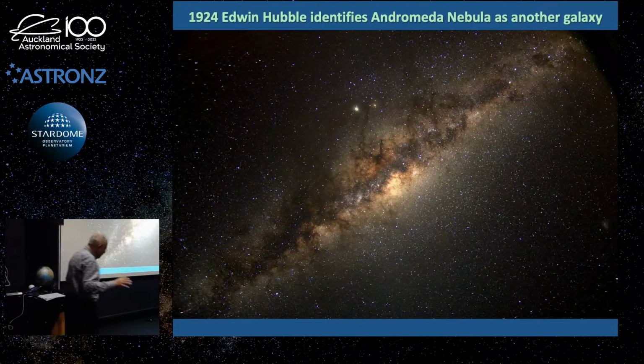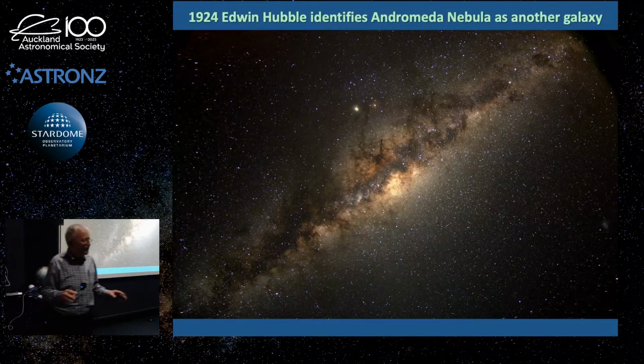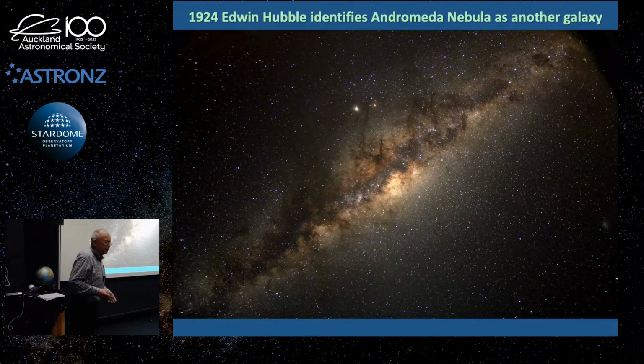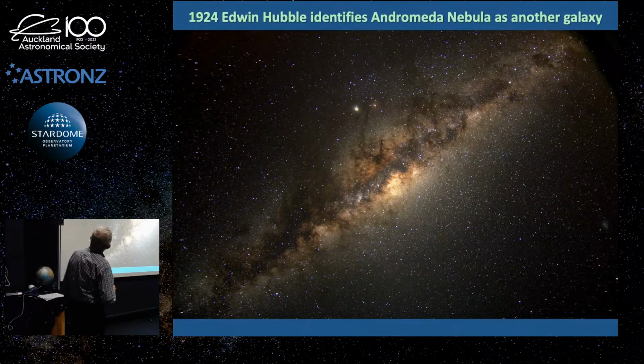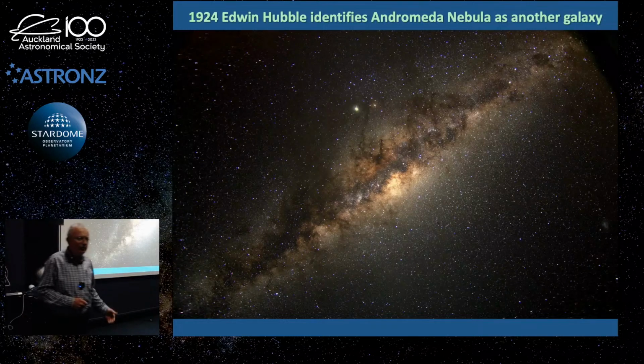The word nebula in Latin means mist. They had names depending on what constellation they were in, and the telescopes at the time hadn't been powerful enough to resolve much more about them. And it was Edwin Hubble, yes, of Hubble Space Telescope fame, it's named after him.